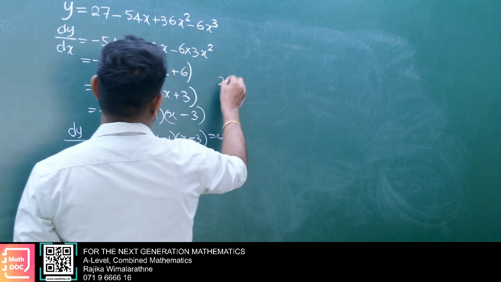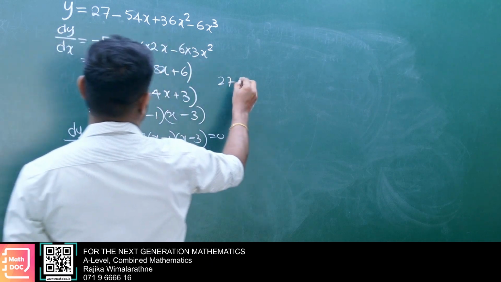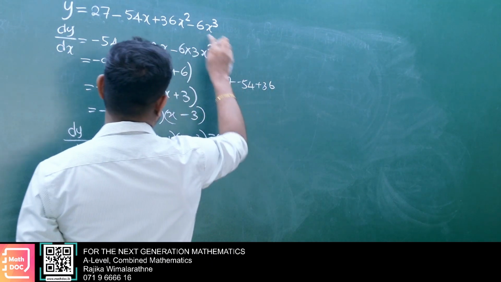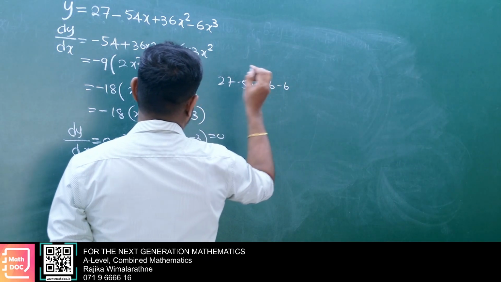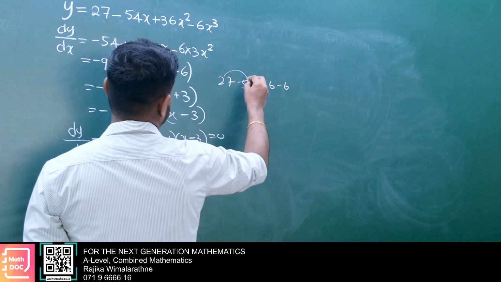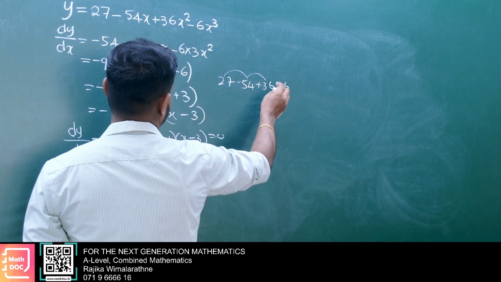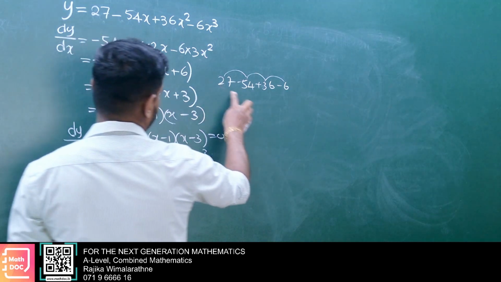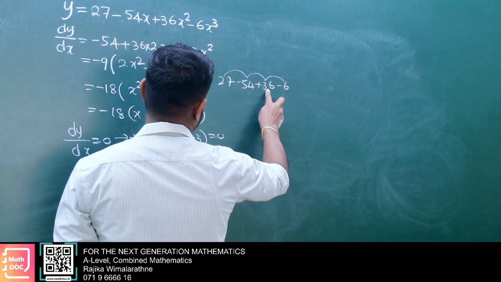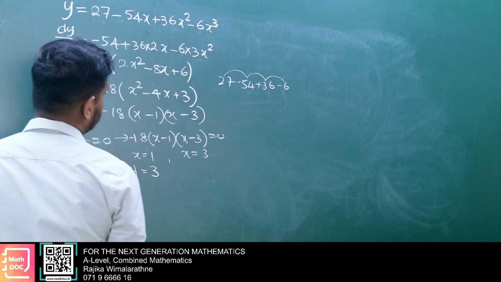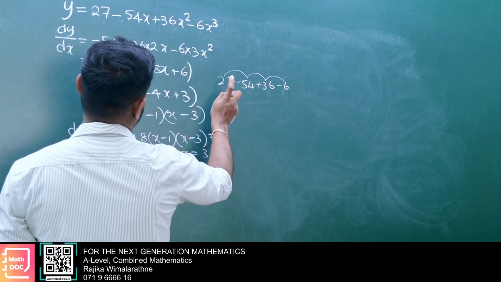Here 27 minus 54 plus 36 minus 6. Now you simplify. Here minus 27 plus 9 plus 3.